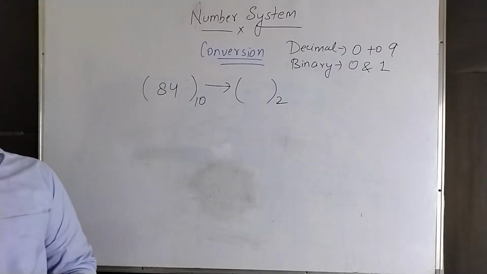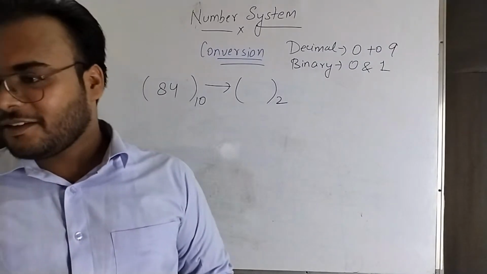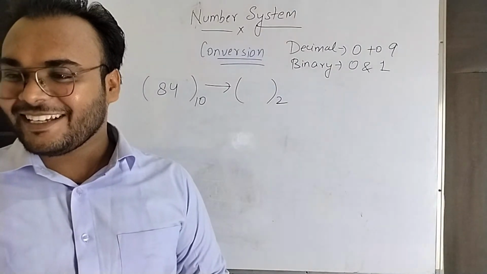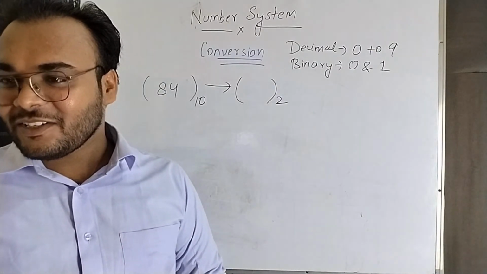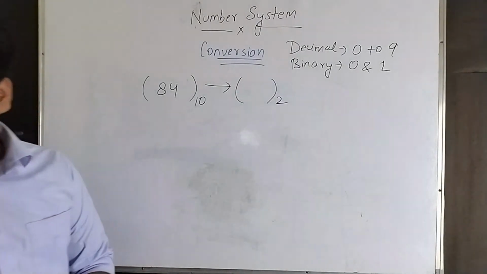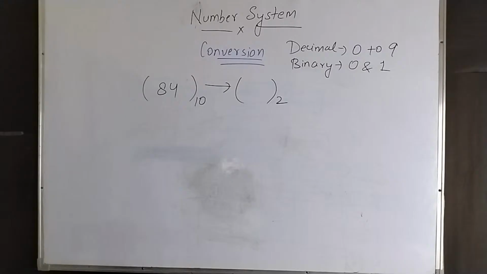Lots of comments are there. Rajan is so active right now, I think. Very nice, very nice. 10101000. Okay, let's see. I'm going to solve. What will be the answer?